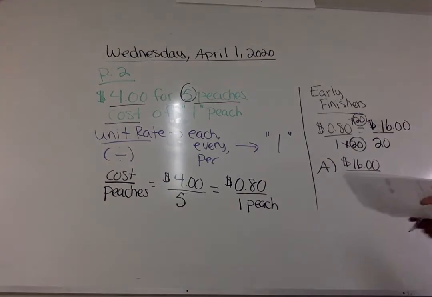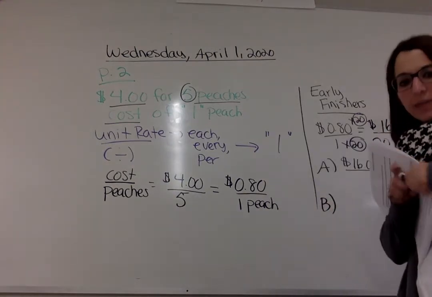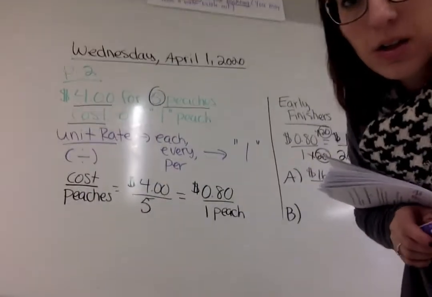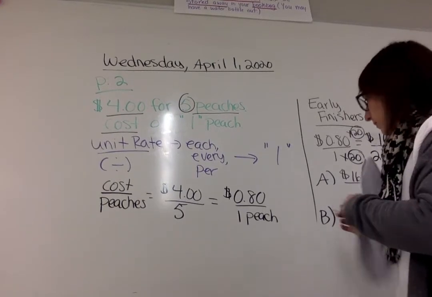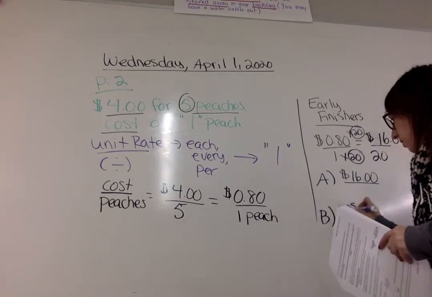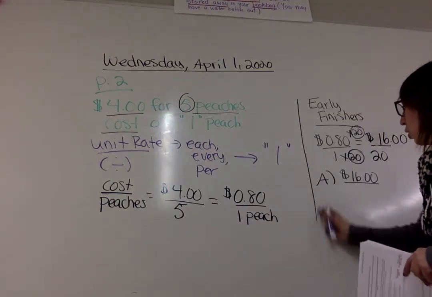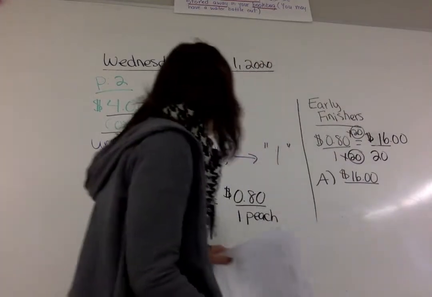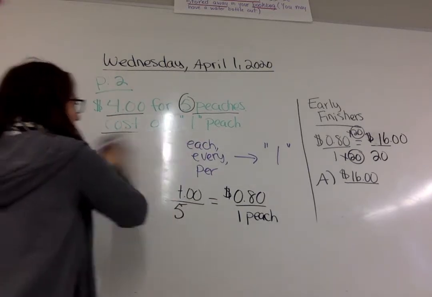Okay? I can also make a ratio table to figure out choice B. And it's going to look something like this. Okay, so for B, we're going to write cost. They're not going to be able to see that one. So I'm going to write B over here. Let me just erase some of this for you so you can see it a little bit better. Ooh. So it's 80 cents per peach. I'm going to write it over here for you.